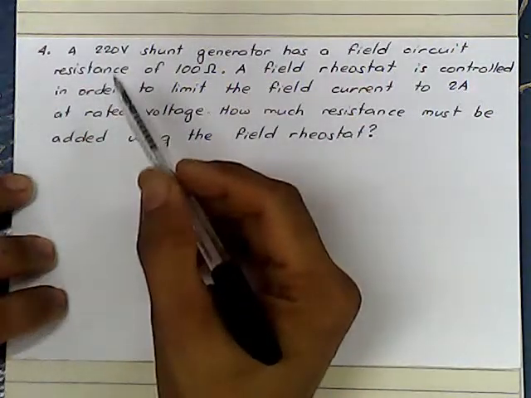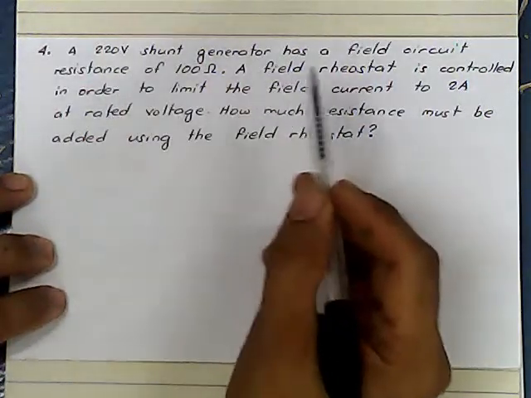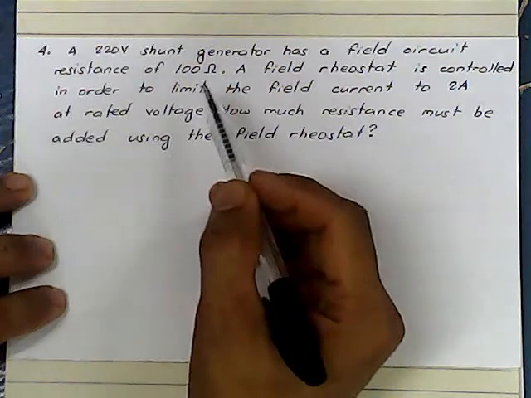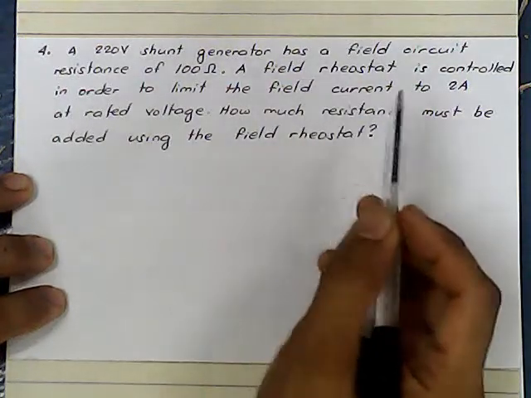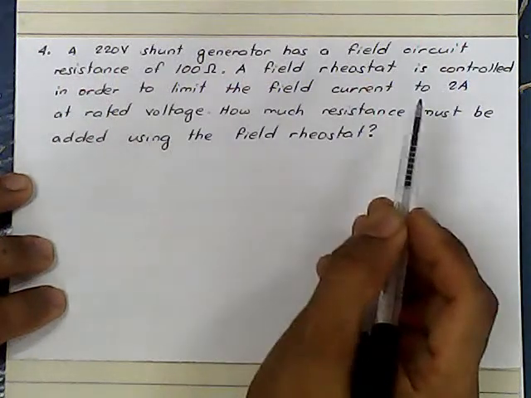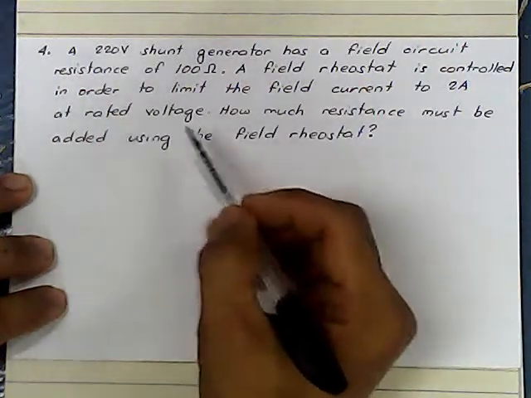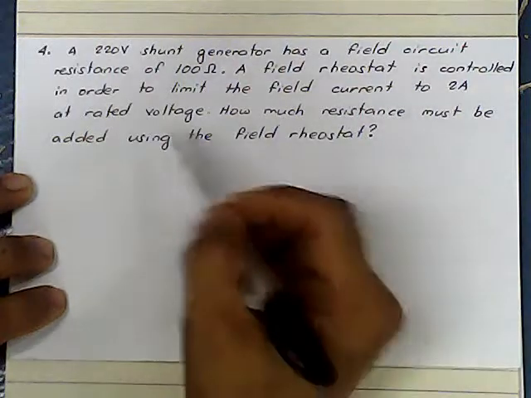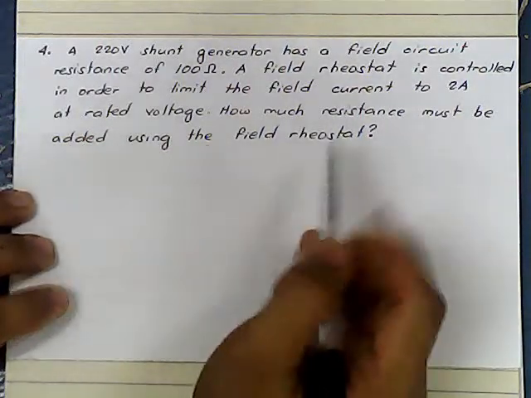Okay? So, a 220 volt shunt generator has a field circuit resistance of 100 ohm. A field rheostat, again, is controlled in order to limit the field current to 2 amperes at rated voltage. How much resistance must be added using the field rheostat?